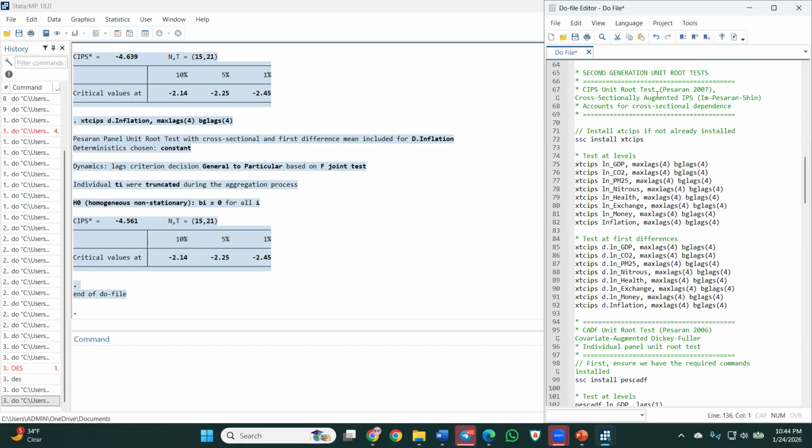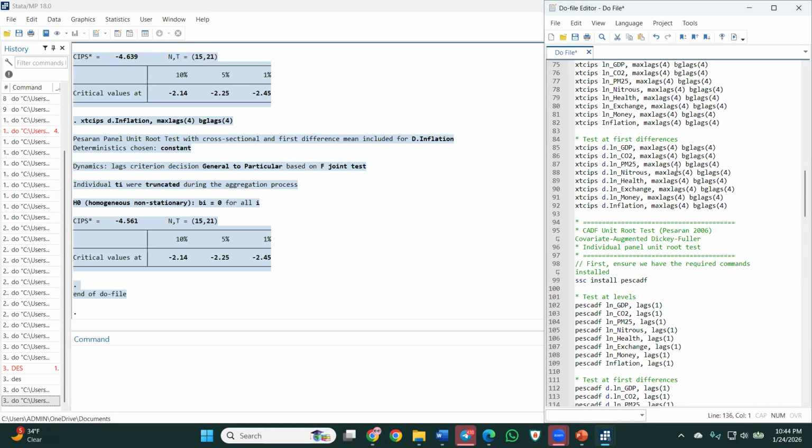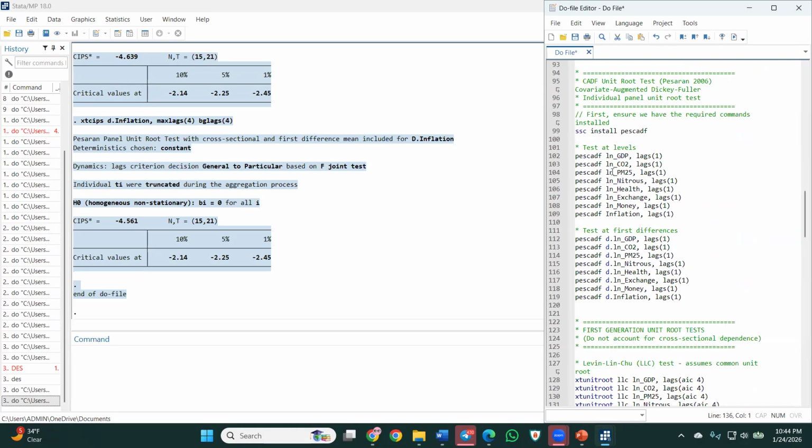The cross-sectional augmentation accounts for cross-sectional dependency. So let's look at the CADF, which is the covariate augmented Dickey-Fuller test. That one too is a second generation test. So always try to test like two unit roots to make your result more stable and reliable.